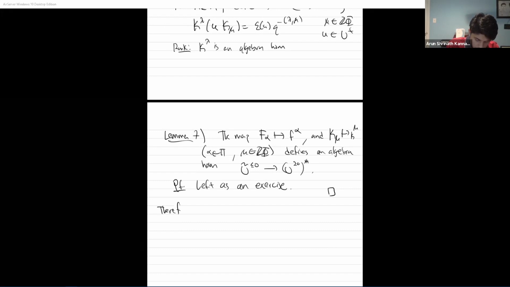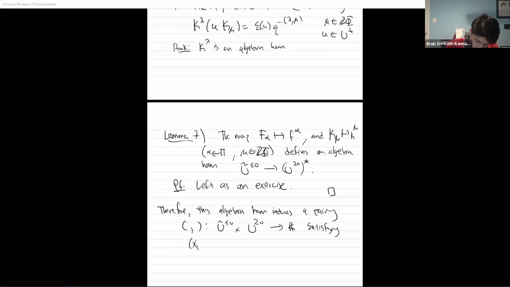Therefore, this algebra hom induces a pairing, which I'll also denote this way, from u twiddle less than or equal to 0 cross u greater than or equal to 0 to k, satisfying x1 x2, comma y equals x1 tensor x2, comma delta y, for all x1, x2 in u twiddle less than or equal to 0 and y in u greater than or equal to 0.